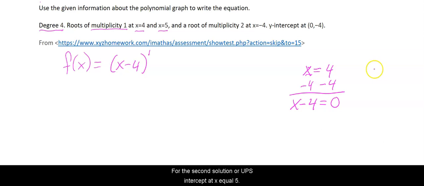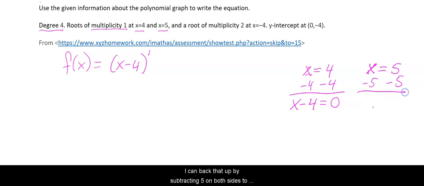For the second solution, or x-intercept at x equal 5, I can back that up by subtracting 5 on both sides to get the factor x minus 5 equals 0. Again, the solution 5 is linked to the factor x minus 5.